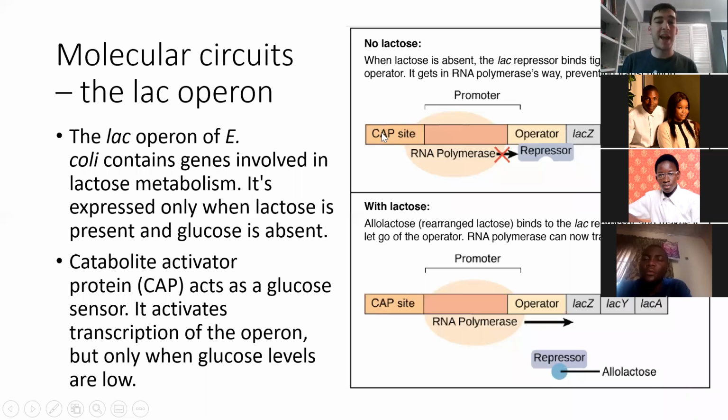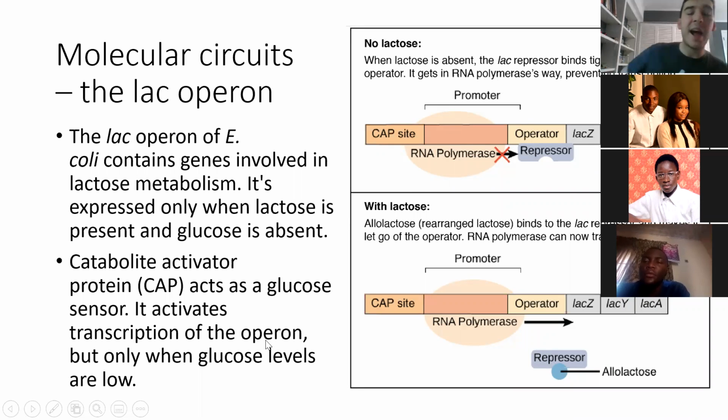Now first we have this CAP site. This is the catabolite activator protein, and that is essentially a glucose sensor. It will activate transcription of the operon, but only when glucose levels are low. So that's how we're dealing with the glucose sensing, through that element.